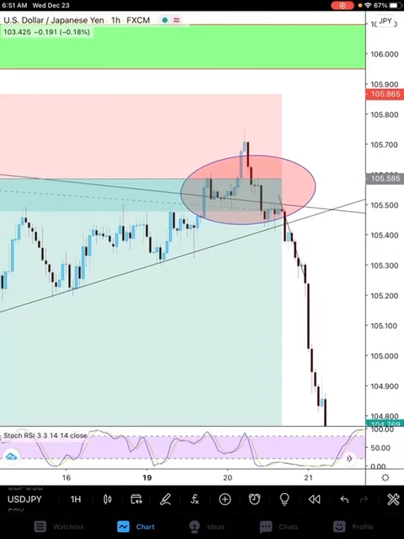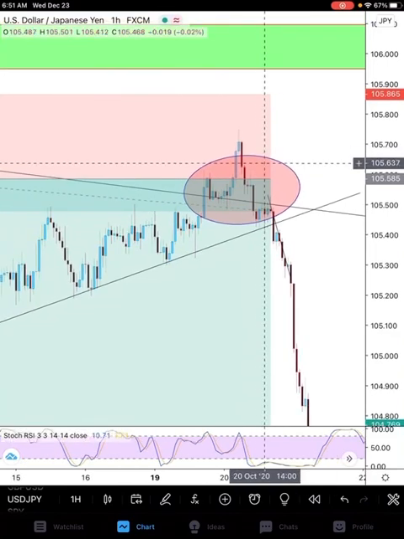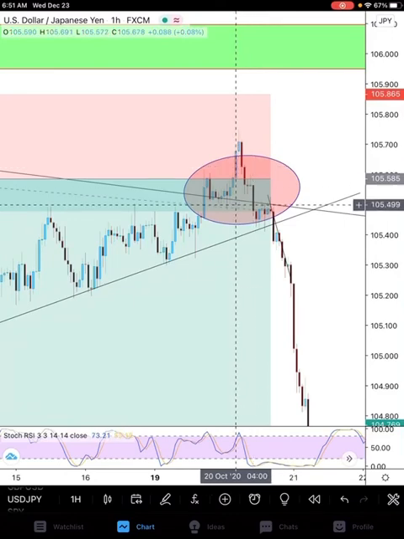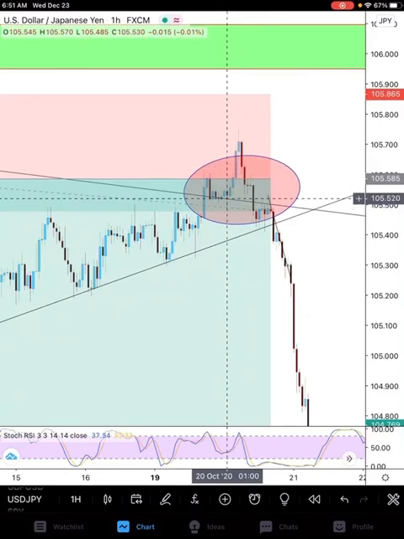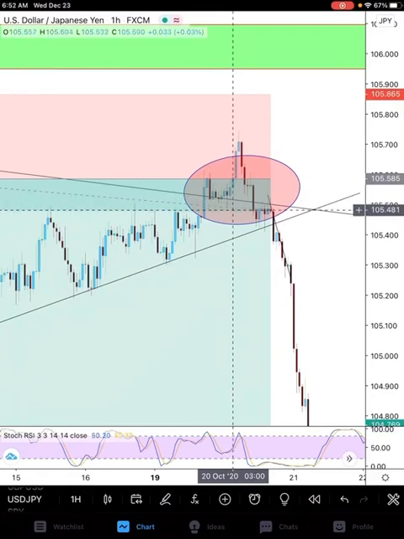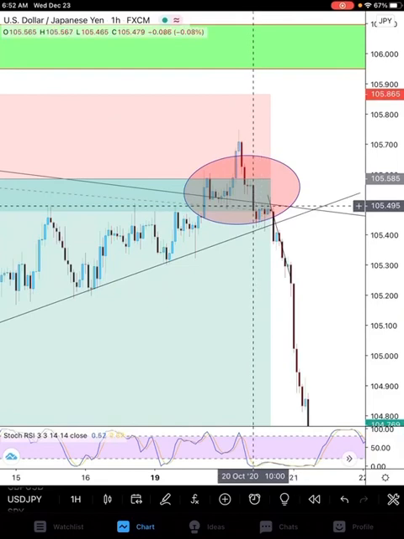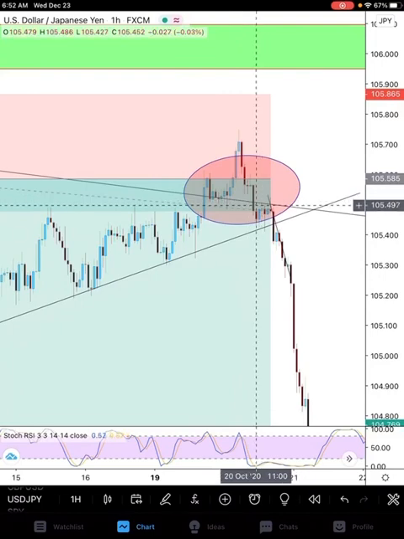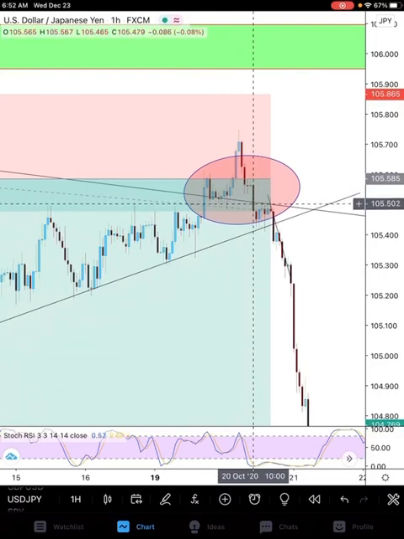This candle right here was a good indicator of sells, because it broke below this support that was being created clearly, and then it started creating resistance, so it wouldn't break back above. For me, seeing that, that would have been a good entry.